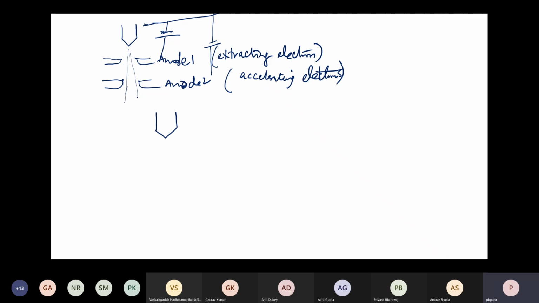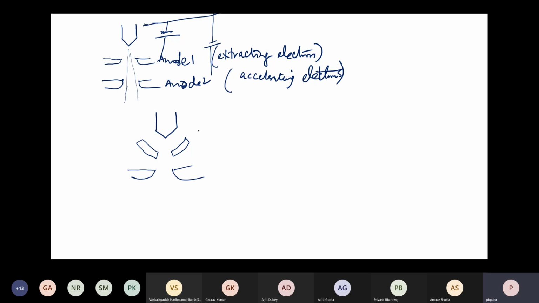As I said, there can be additional electrodes between the anode and your electron gun. This is known as the Wehnelt electrode. So you will have this kind of electrode between the anode and the electron gun.